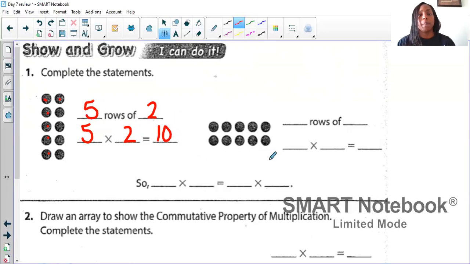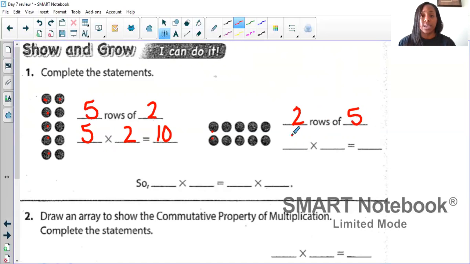Good job. All right. So if we come over here, it's showing me the same array. All they did was switch or flip it. So how many rows do I have now? 1, 2. 2 rows. And how many in each row? 5. 2 rows of 5.